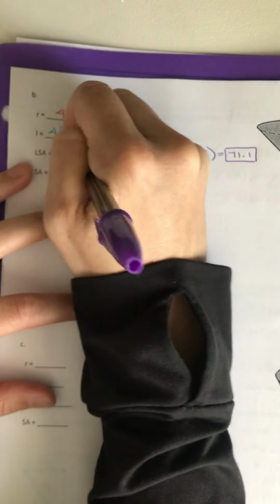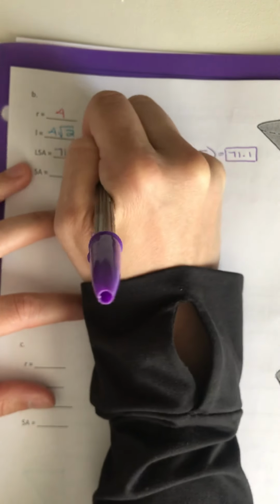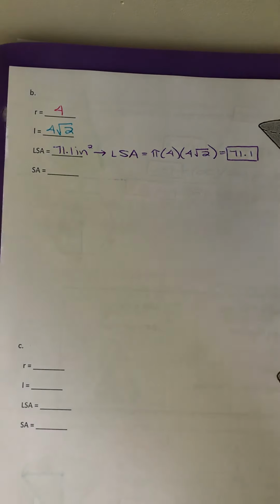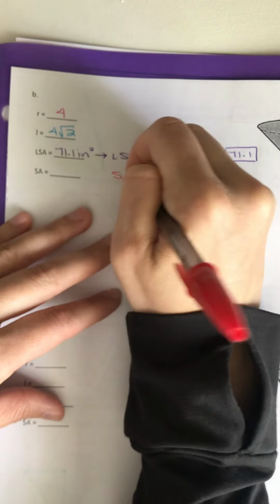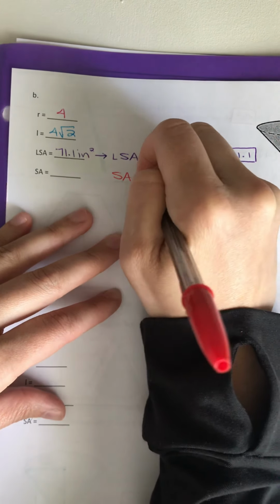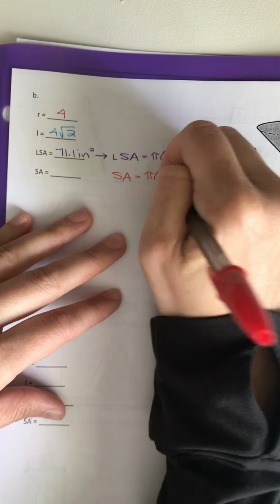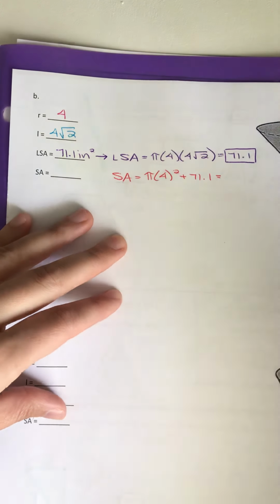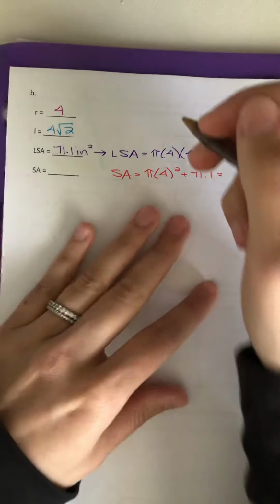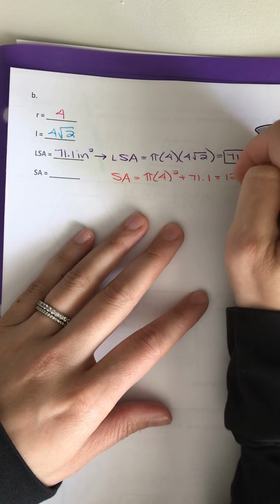And my units is inches. And then my surface area is pi r squared plus that 71.1, which is about 121.4.